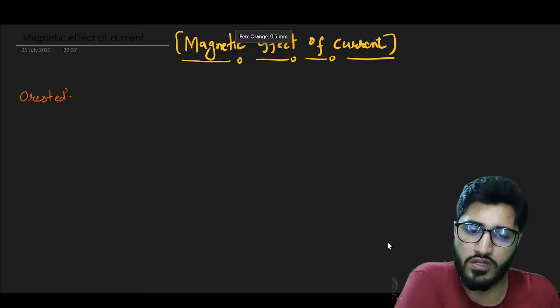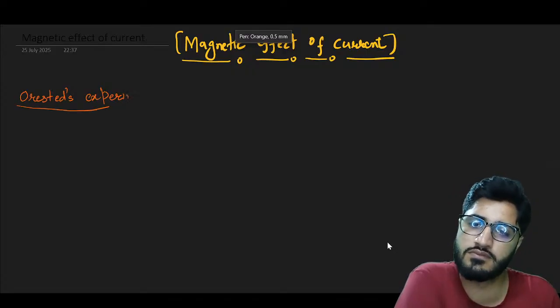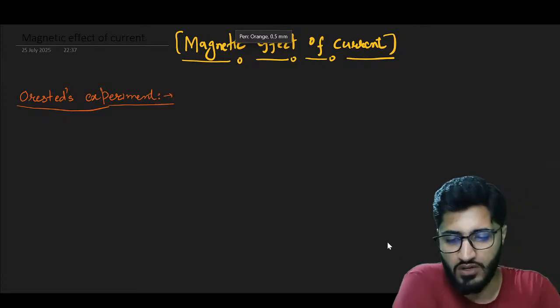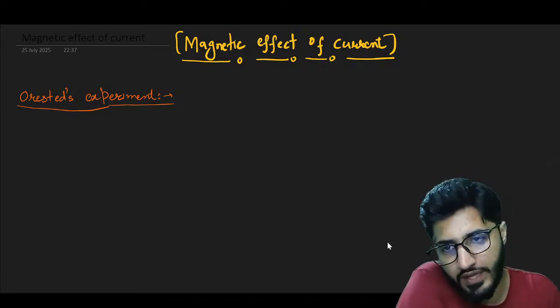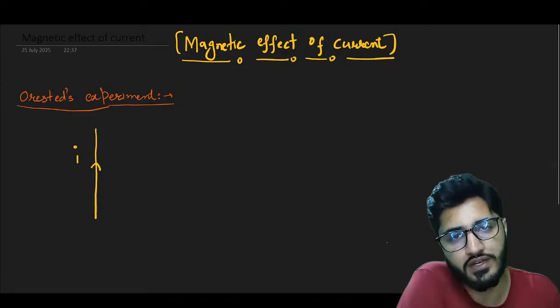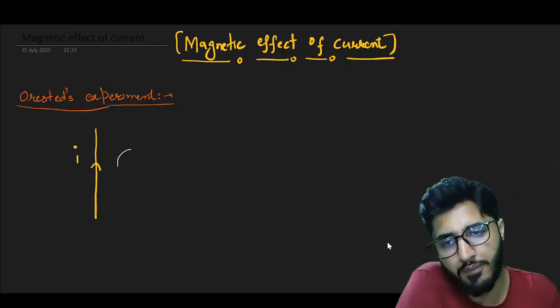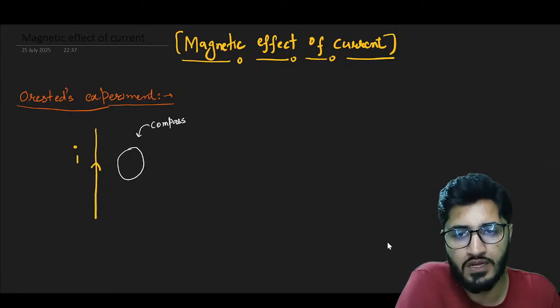So you have studied about the Oersted experiment, right? In the Oersted experiment, we have a wire and current is flowing through the wire. Here we have placed a compass.